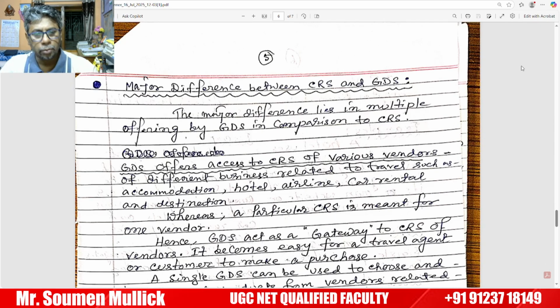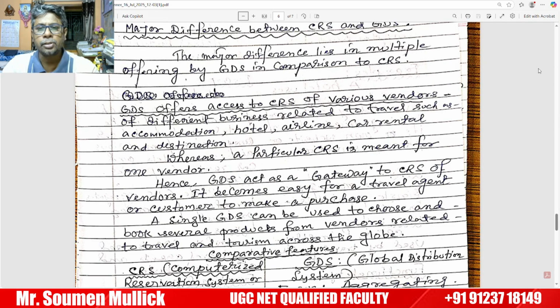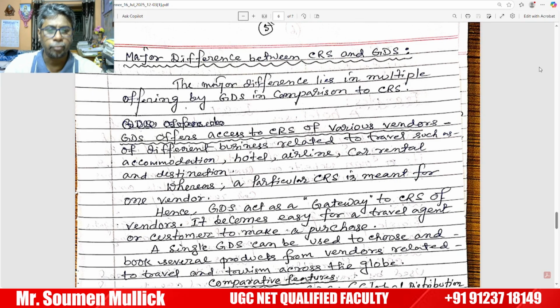Now we're going to understand the major differences between CRS and GDS. The major difference lies in the multiple offerings by GDS in comparison to CRS. GDS offers access to the CRS of various vendors of different businesses related to travel.